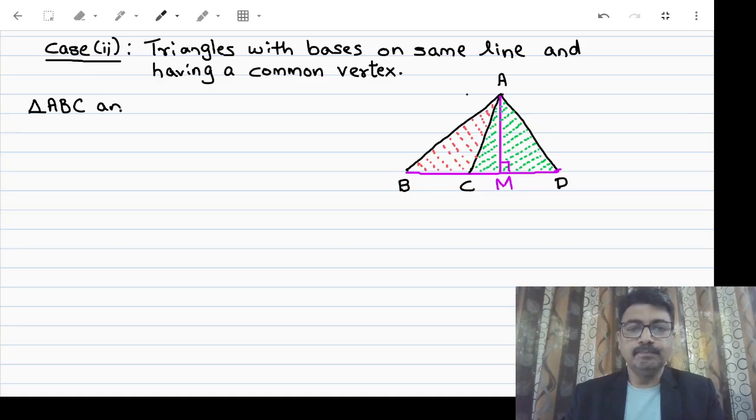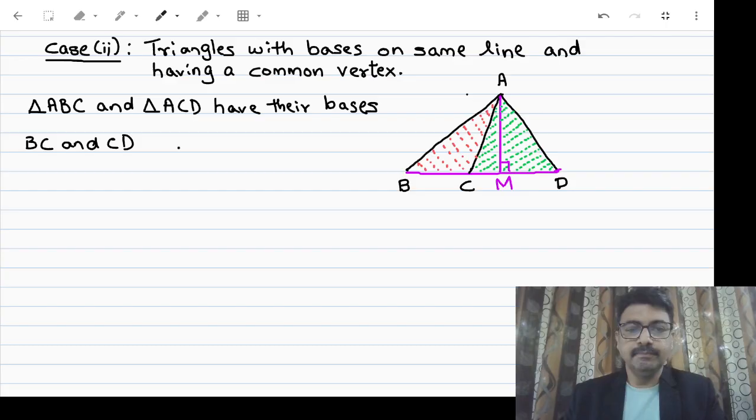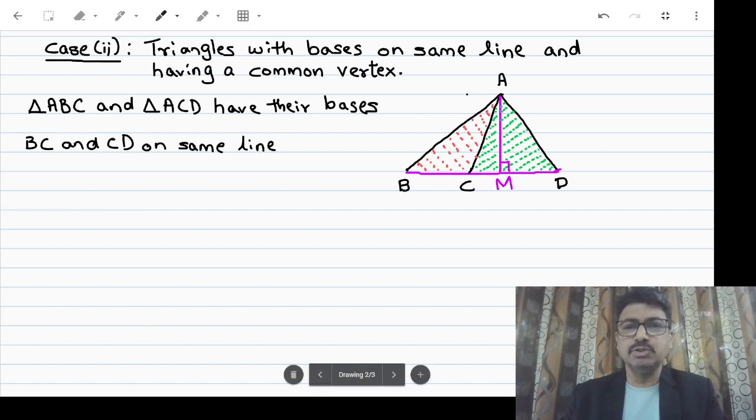triangle ABC and triangle ACD have their bases. Which are the bases? BC and CD on the same line. You can mention the name of the line also. So the name of the line in our case, you can mention the extreme points, that is from B to D. So on the same line we can mention BD.